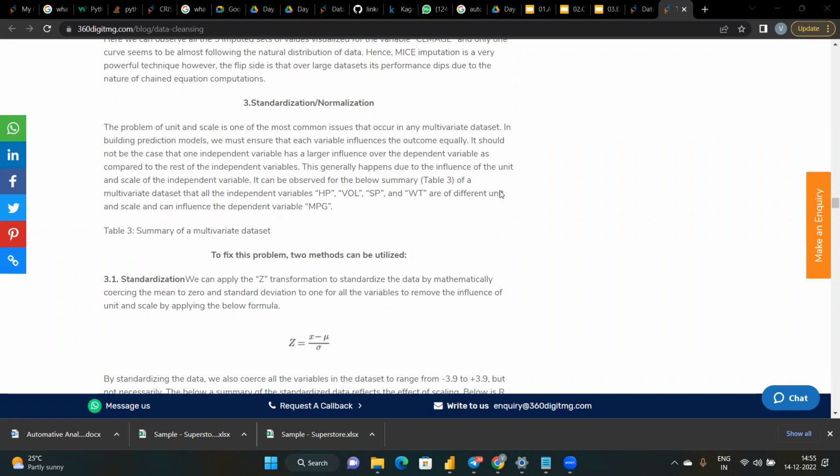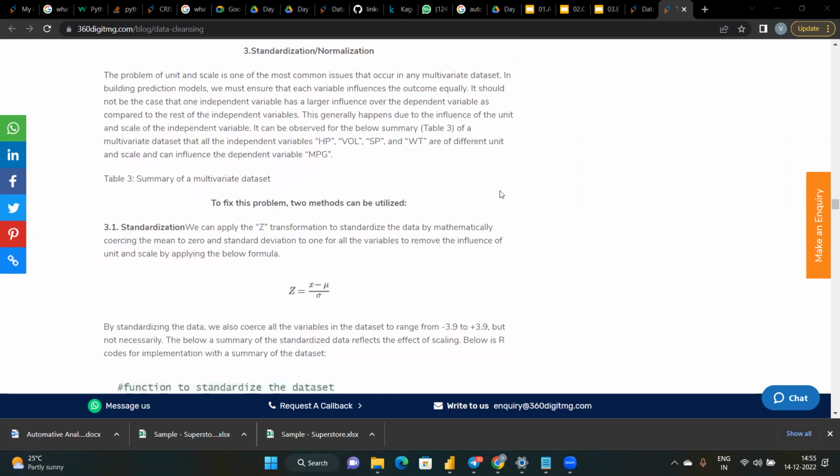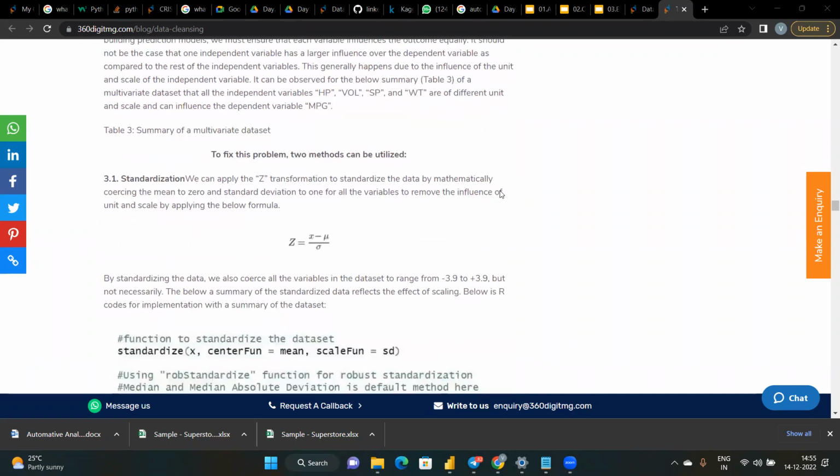So that let me say the influence is what we have, right? The influence what we are going to have. These type of things we can get it from. Okay. So after that, we are going to see how we are going to fix the problem of standardization.